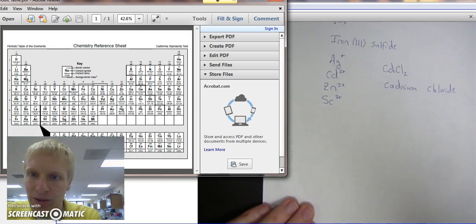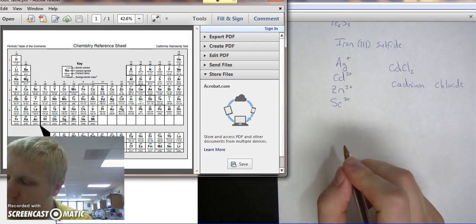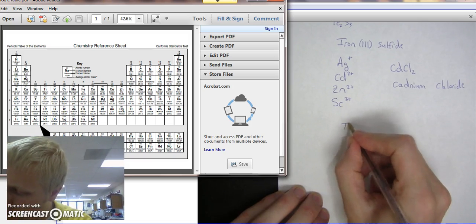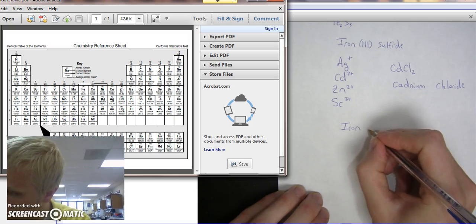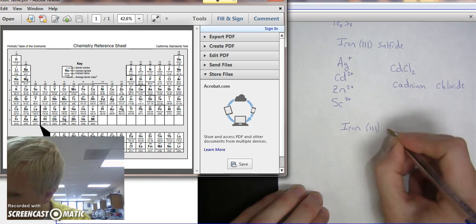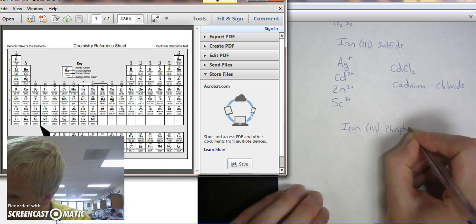Alright, now what I want to do is reverse it. So why don't we put something like iron (3) phosphide.